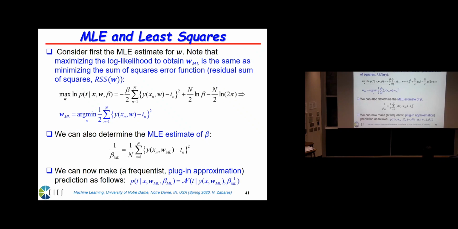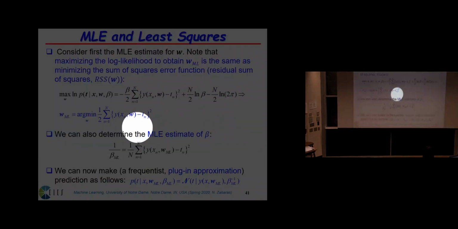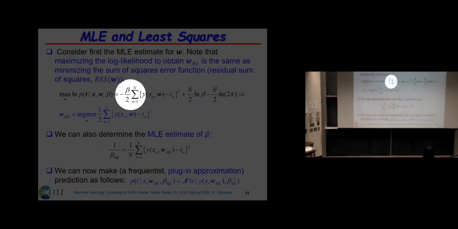There is no algebra involved beyond what you see on the slides. You can actually look at it and say, yep, I understand. So the W comes only here. Instead of maximizing this, because there is a minus sign there, we can actually minimize this square. All right, so the MLE estimate for W is given here.